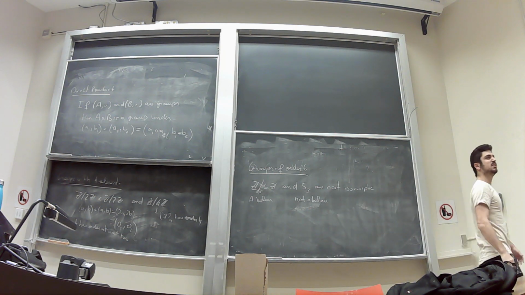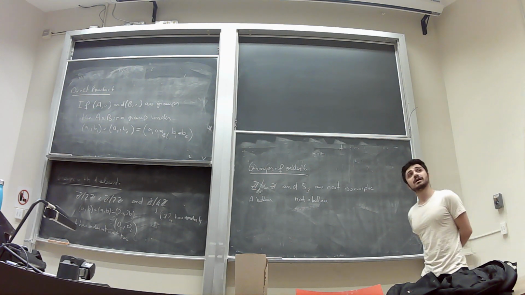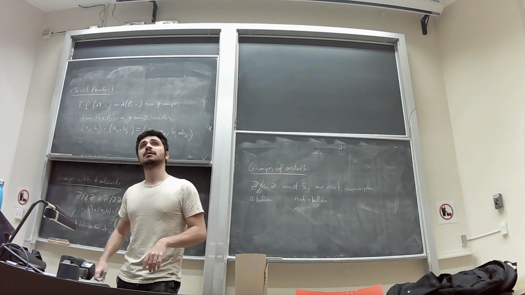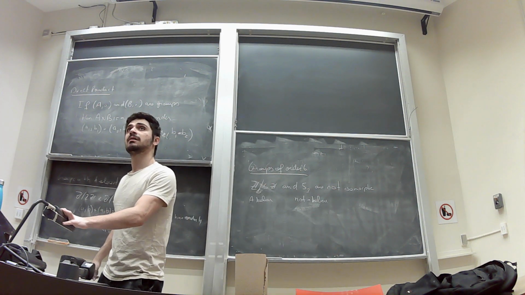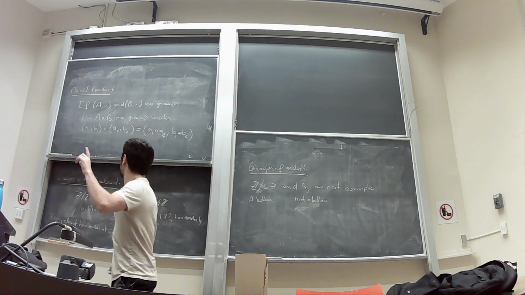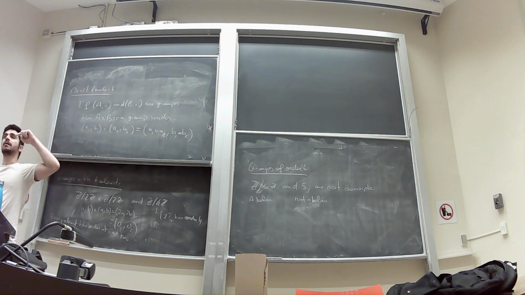Now, what about Z2 cross Z3? Z2 cross Z3 is a group of order 6, right? Why does the fact that every element has order at most 2 imply that they're not isomorphic? If you look at the first proposition, if g has order n, then phi of g has order n.